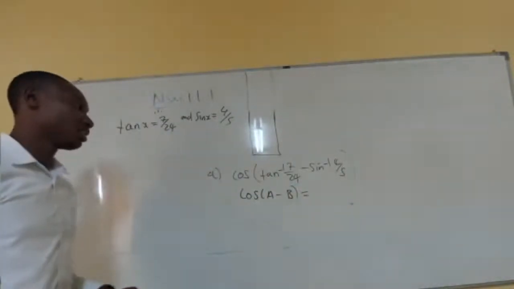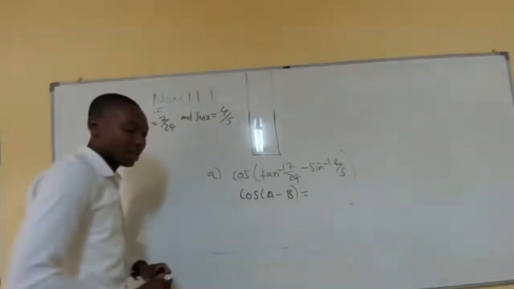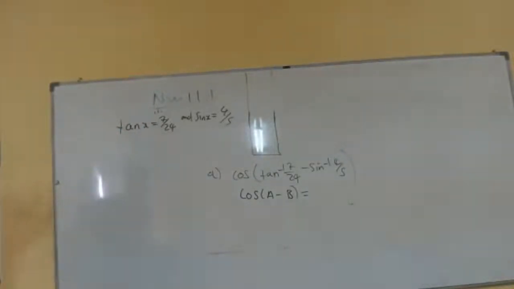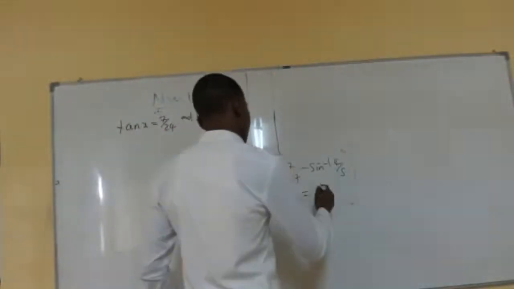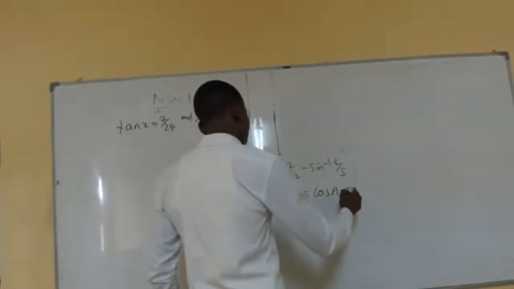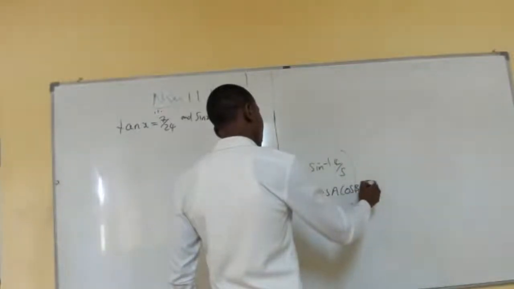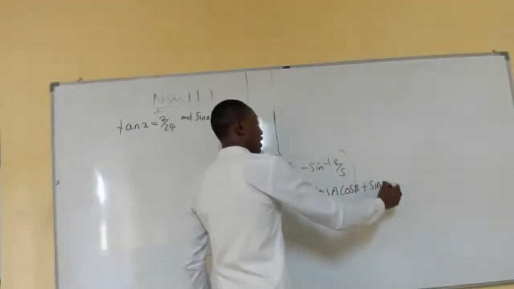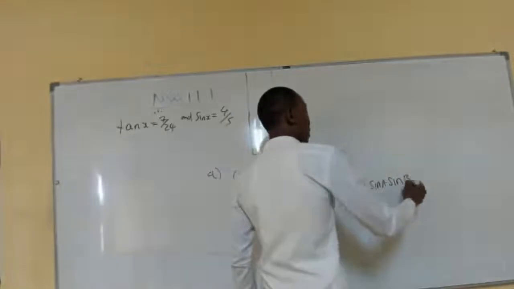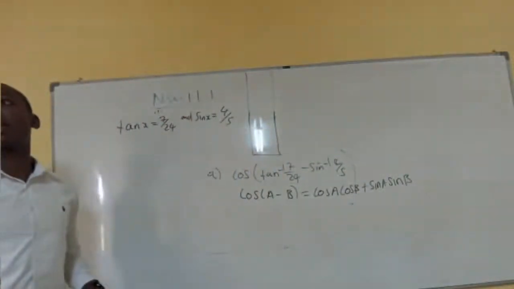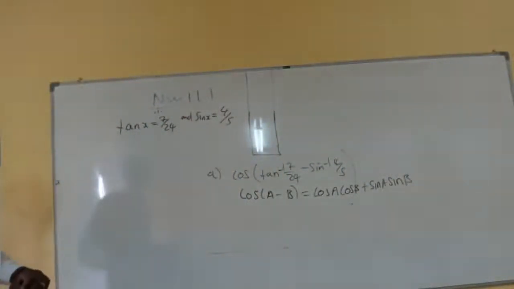According to the trig identity given, this is going to be cos A cos B plus sine A sine B. So this is basically what we get at the end of it all.